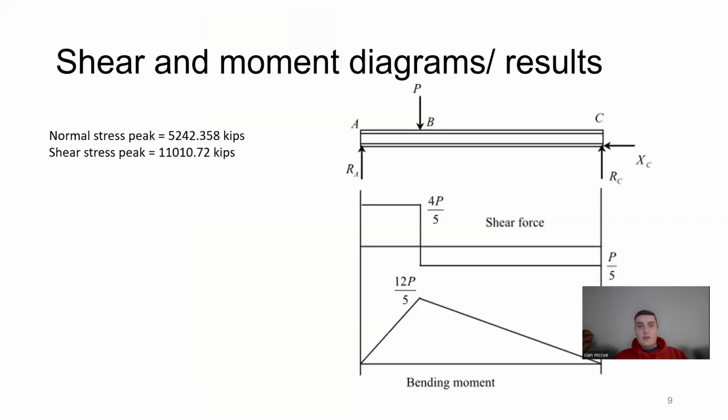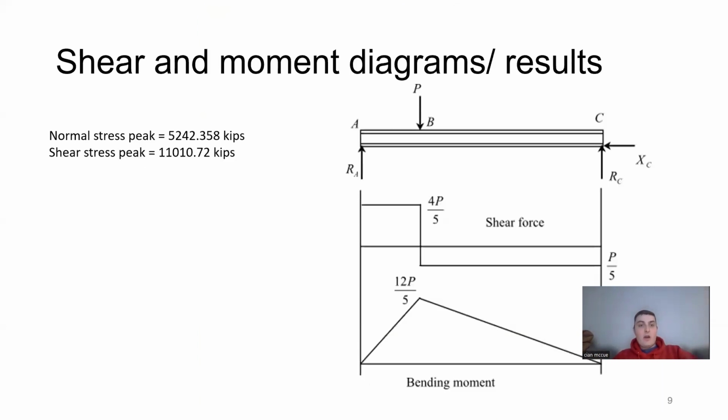B is the distance from B to C, the longer portion of the beam itself, and L is the total distance. On the denominator, we have 48 multiplied by Young's modulus, and then by the moment of inertia. So we put the values that we found in the last project, plus the known values, into the equation.